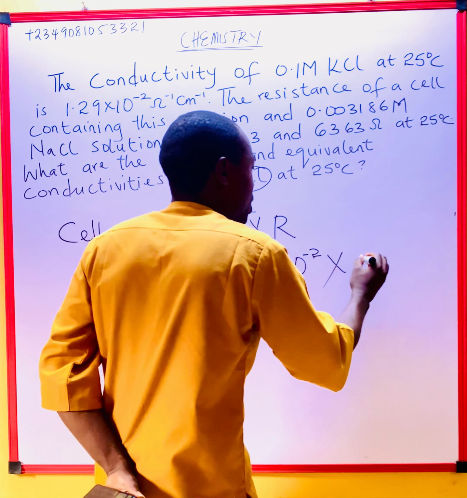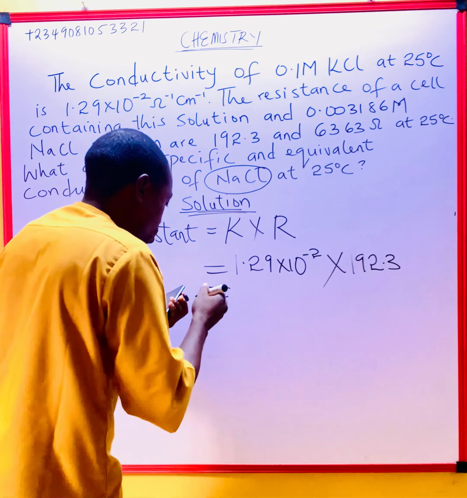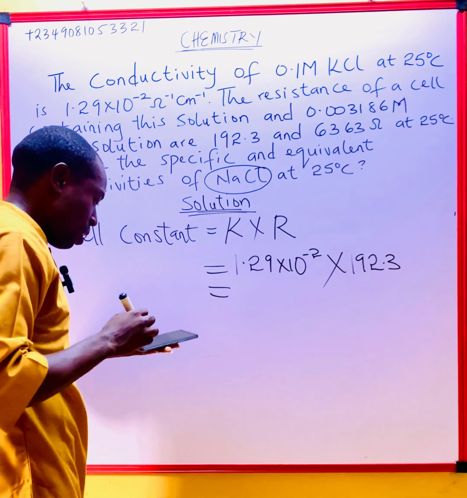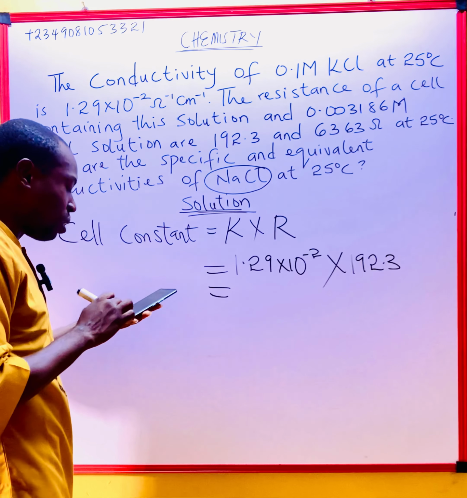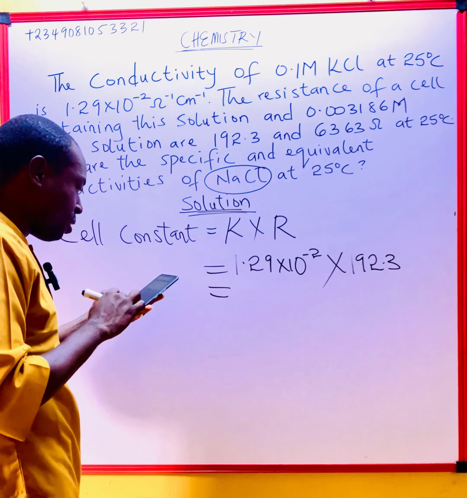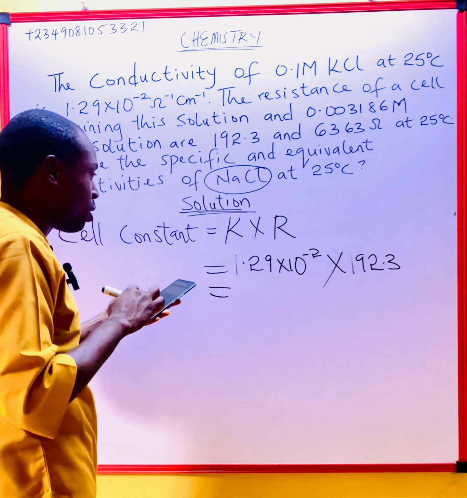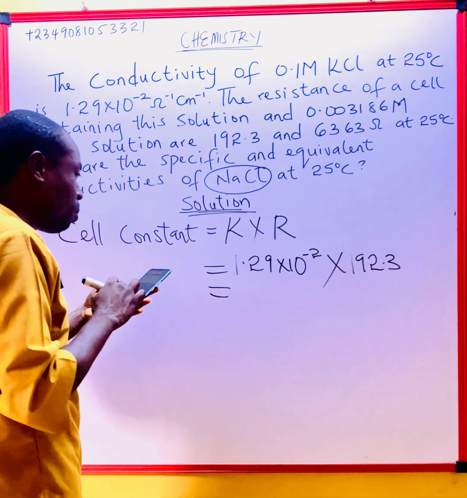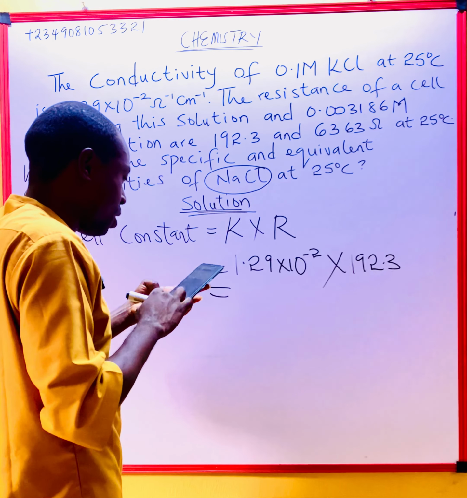So here becomes 1.29 times 10 to the minus 2 multiplied by 192.3.